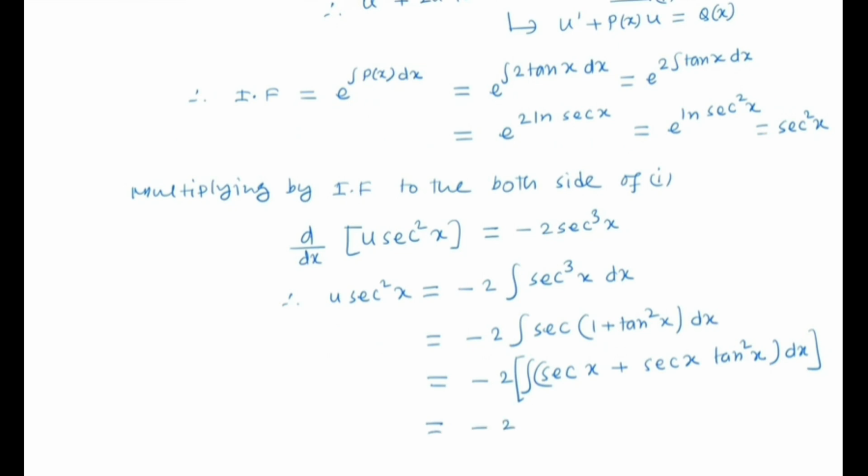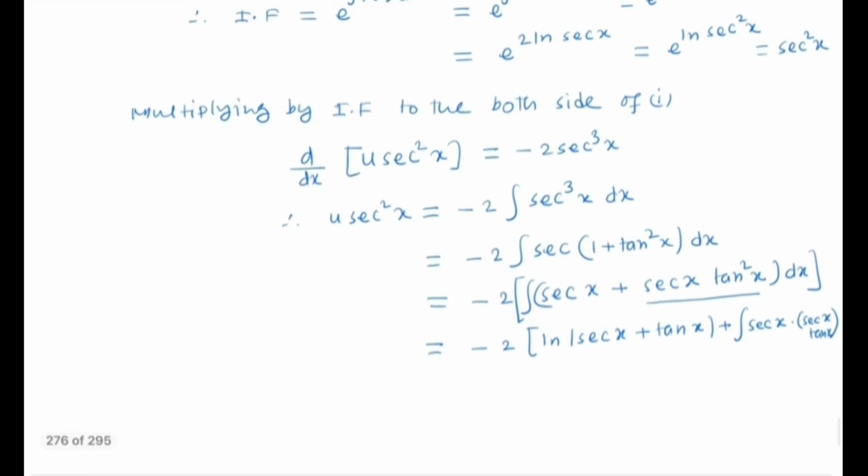So the integration of sec x is nothing but ln sec x plus tan x, and for the second integral we write sec x tan square x as sec x into sec x tan x.